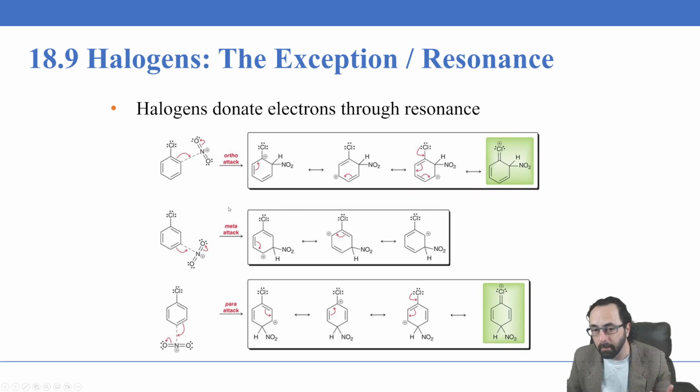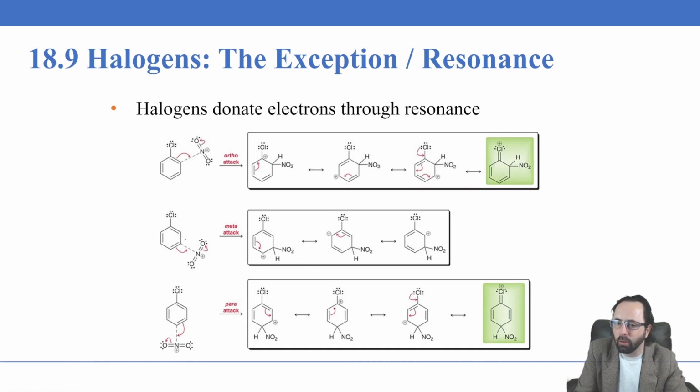And here is why. So if you have an electrophile here, like this NO2 plus ion, that is reacting with the substituted benzene, if you have an ortho attack here, you're going to put a positive formal charge here next to the chlorine. However, we can see here that now we have this situation, and again, it's probably easier to just take a look and say, well, this lone pair is adjacent to a positive formal charge. That's one of our resonance patterns.